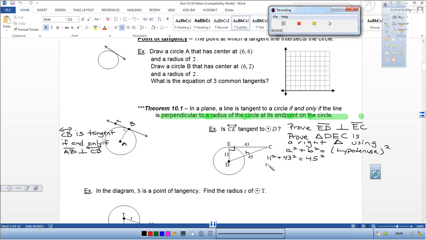Okay, so we have 121 plus 43 squared is 1,849. That equals 45 squared is 2,304.